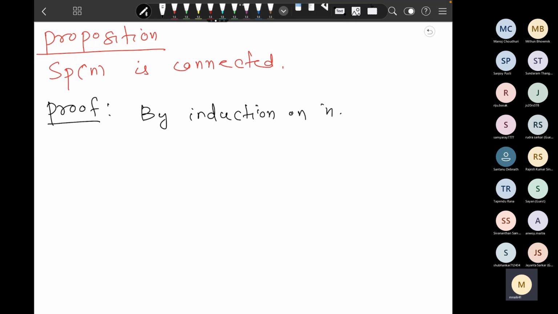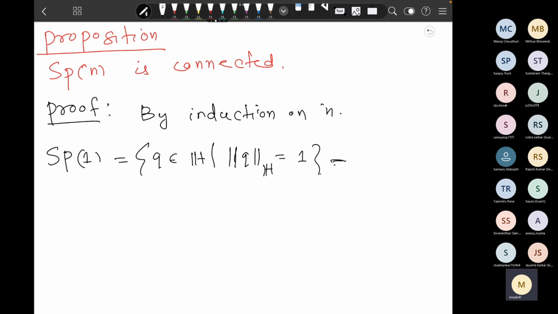First I will look at Sp(1), which is the set of Q belonging to H with norm of Q equal to 1. This is my definition of Sp(1), so that is really equal to S^3. Hence Sp(1) is connected.